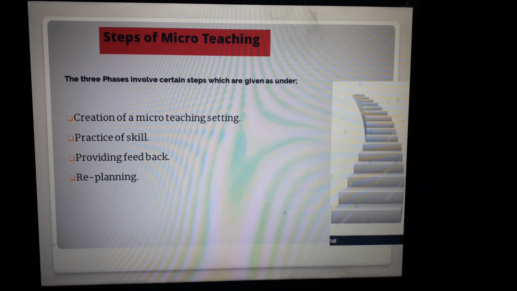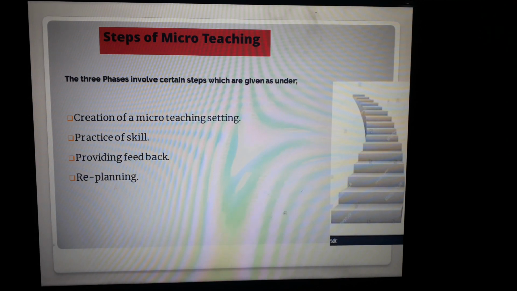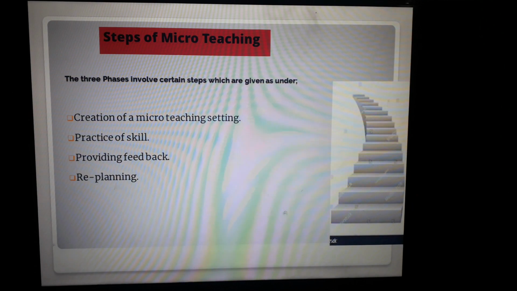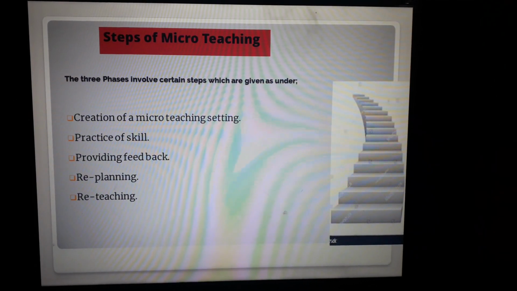Next, replan. In the light of feedback, the student teacher replans his micro lesson. He is given 12 minutes for this purpose. Next step is reteach.